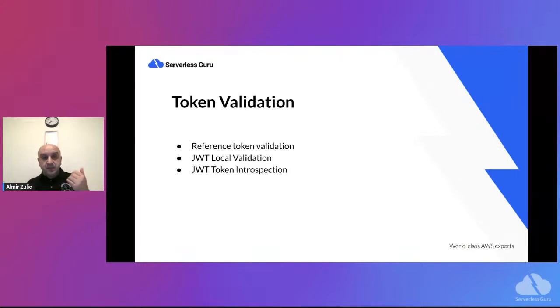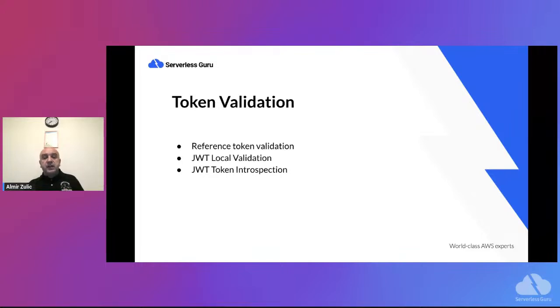We get the token, and then we validate the token, and if the token is valid, we return some IAM policy, or we return just deny all, depending on whether the token is valid or not.